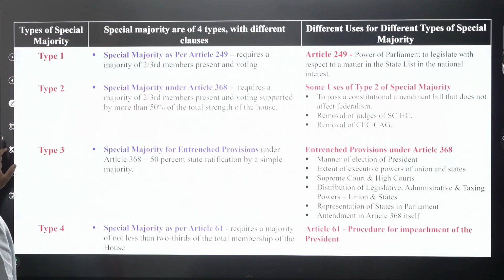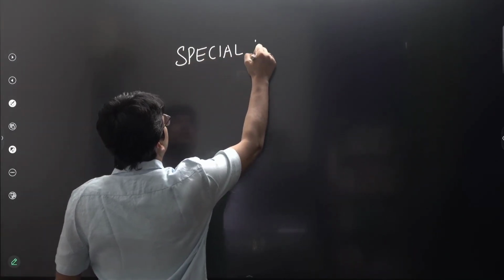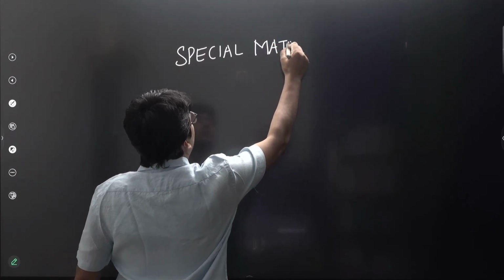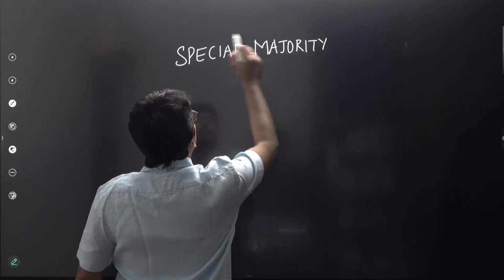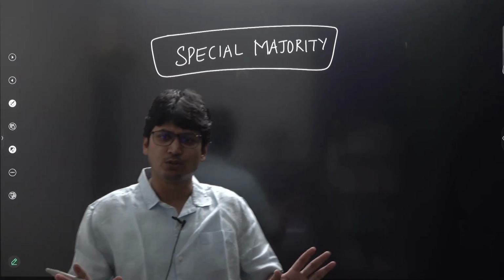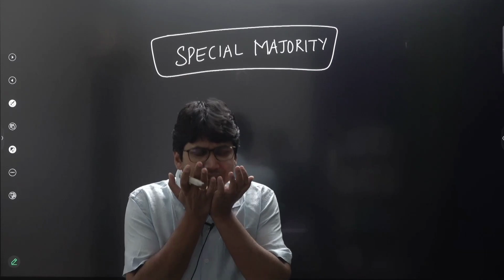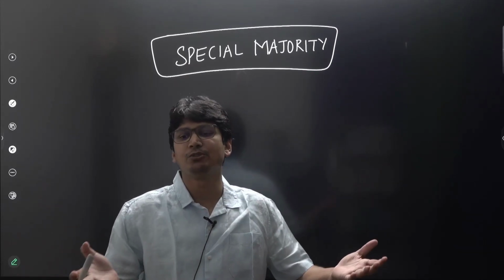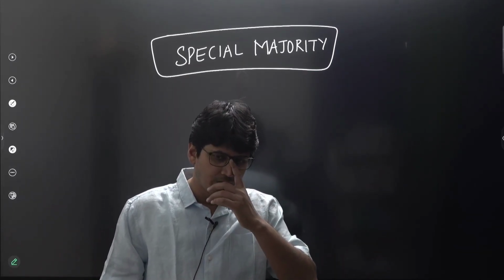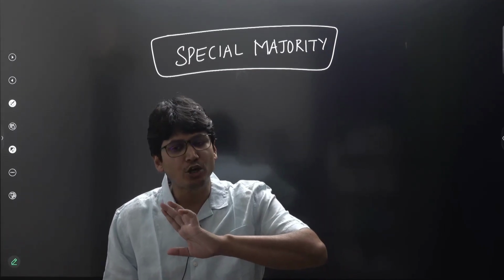Now comes special majority. Now please understand certain aspects regarding special majority. One more thing, please know this. In Lakshmikant or in any standard textbook, even NCERT, you'll come across these terms like simple majority, effective majority, absolute majority, total membership, or special majority. But these terms are not mentioned in the constitution.